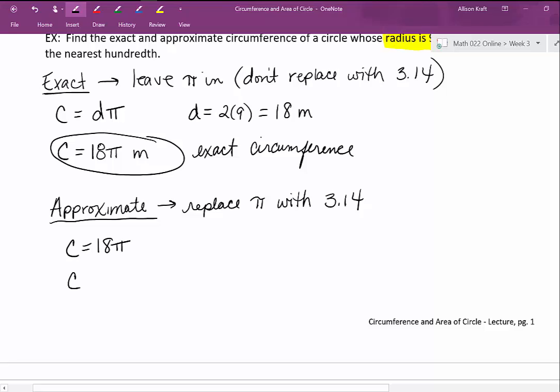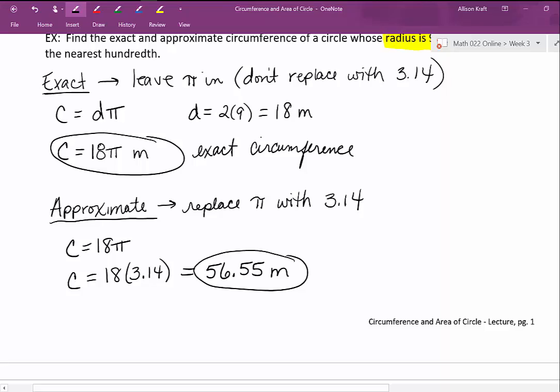Now I'm going to simply replace pi with 3.14. Or even better, you could use the pi button on your calculator. That gives us a more accurate answer since your calculator will hold 10 decimal places of pi rather than just 2. Plugging that into our calculator, we get 56.55, and we don't want to forget our unit of meters. This is our approximate circumference.